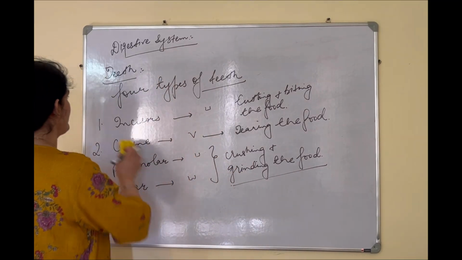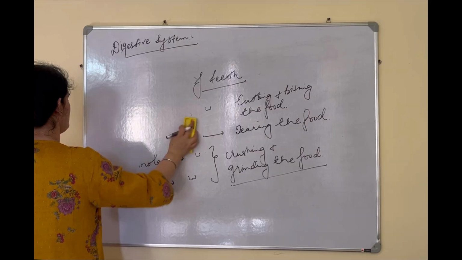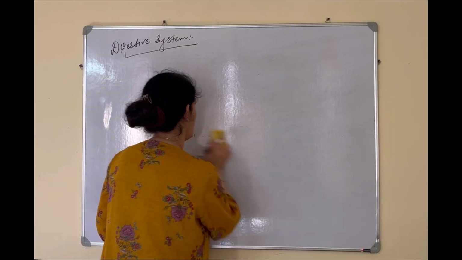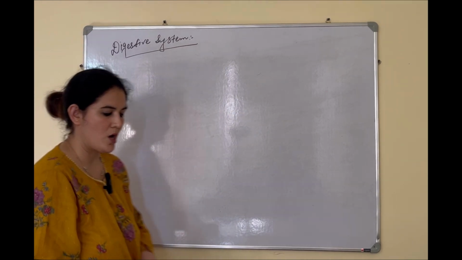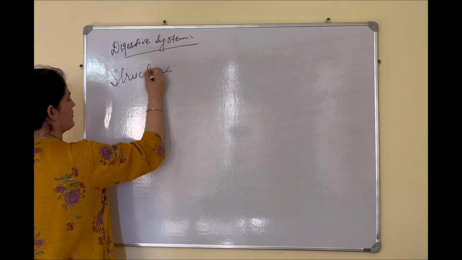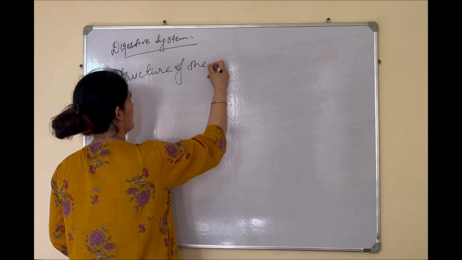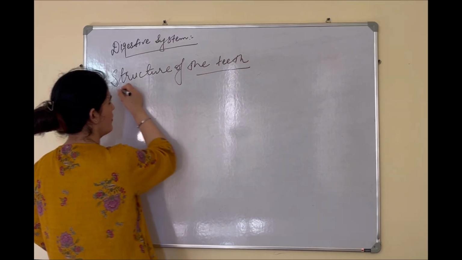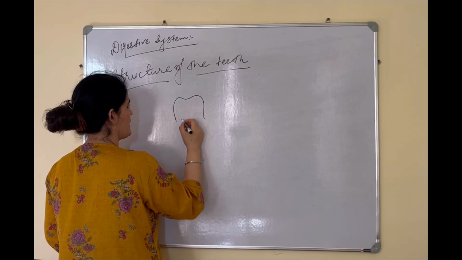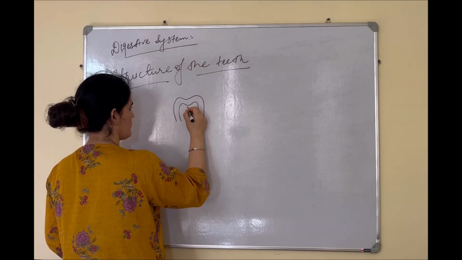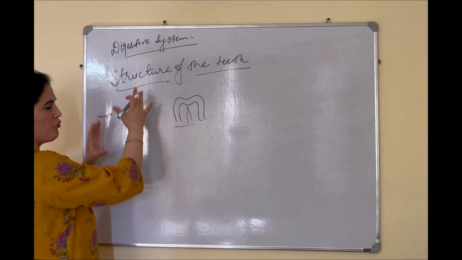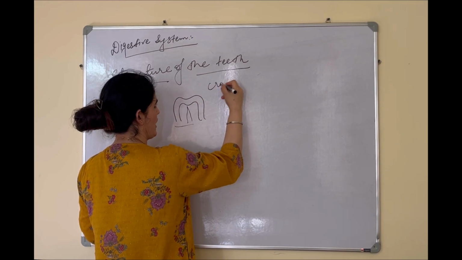Now moving on to the next part, students. Now we will talk about the structure of the teeth. When we talk about the structure of the teeth, basically see, the outer part of the tooth is crown.